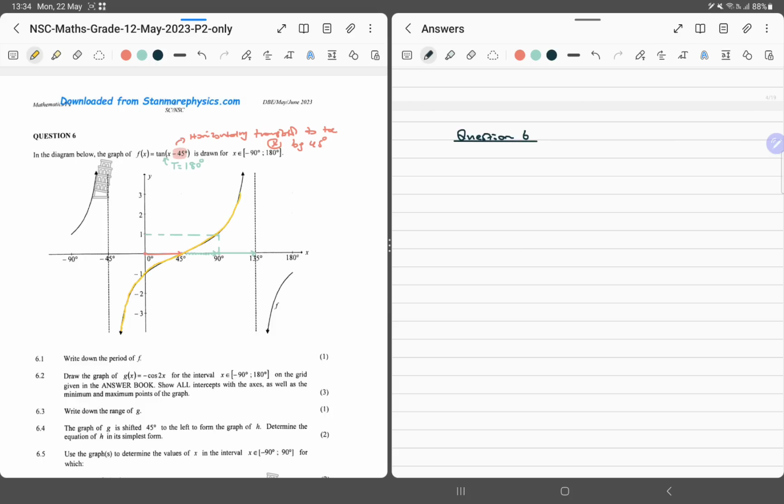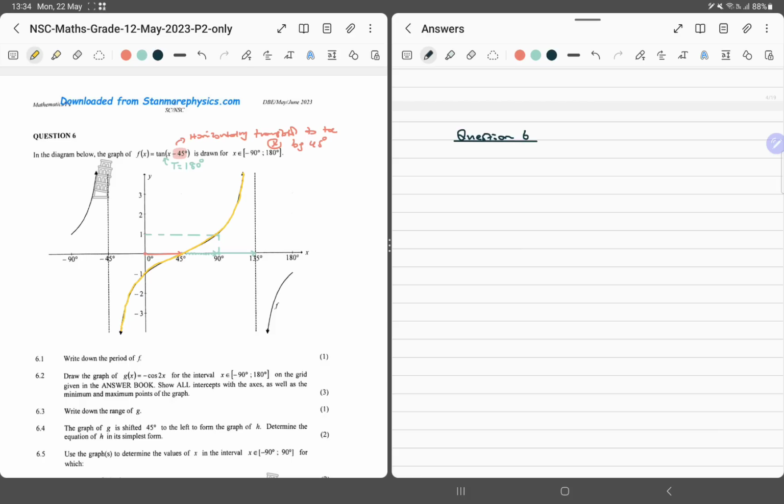But it is between minus 45 and 135. And what is that period right there? We're going to say 135 minus minus 45 to get that period. It's 180. So can you see? That is essentially how we want things to be. No questions about it. Now let's go on.